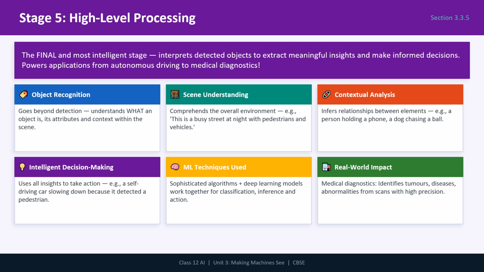The cameras have captured the road, pre-processing is done, features extracted, objects detected: pedestrian crossing, red traffic light, another vehicle. Now high-level processing kicks in and says red light ahead, slow down and stop. Pedestrian in the crossing zone, so do not proceed. Tasks involved include object recognition, scene understanding, contextual analysis, and ultimately intelligent decision making.